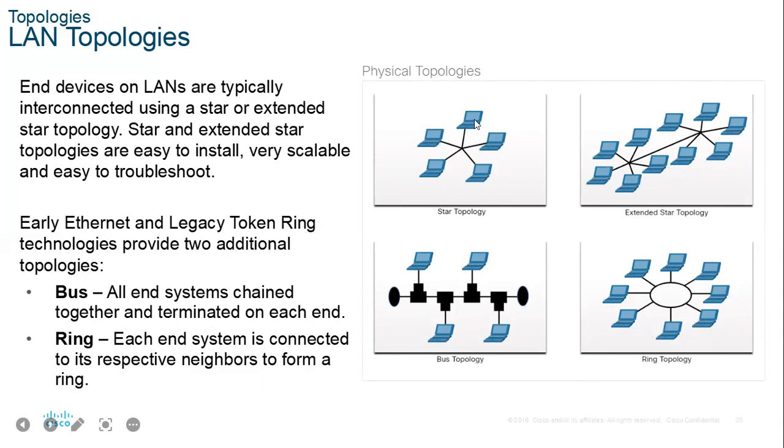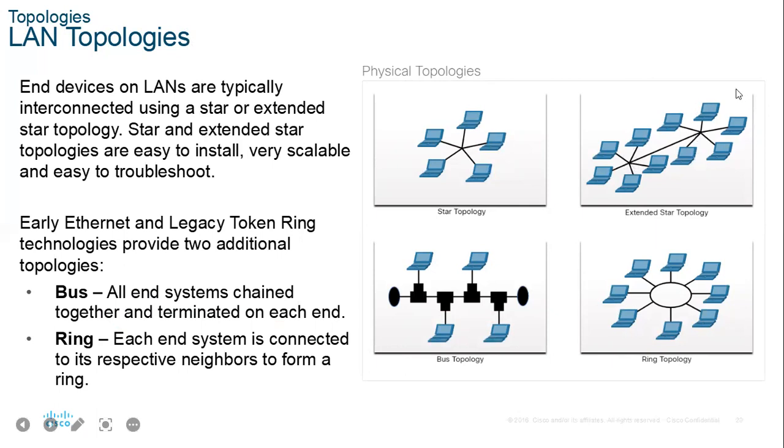A regular star you have in small offices, or what we call the SOHO networks, small office, home office networks. They will normally utilize a star or an extended star topology, where you have a router and everybody's connected to it, or you have a router, everybody's connected to it, and that router is linked to another router or an access point outside the building, so that these other devices could collect data or internet from this particular one.